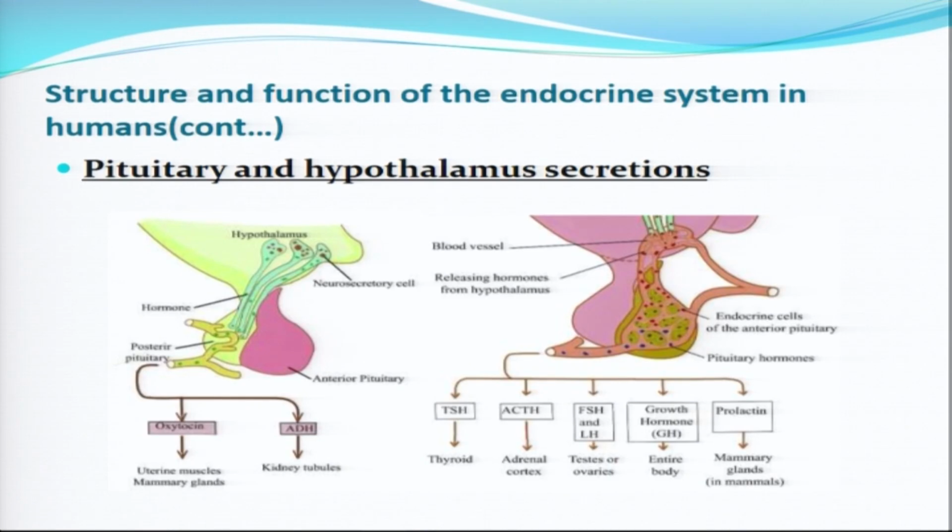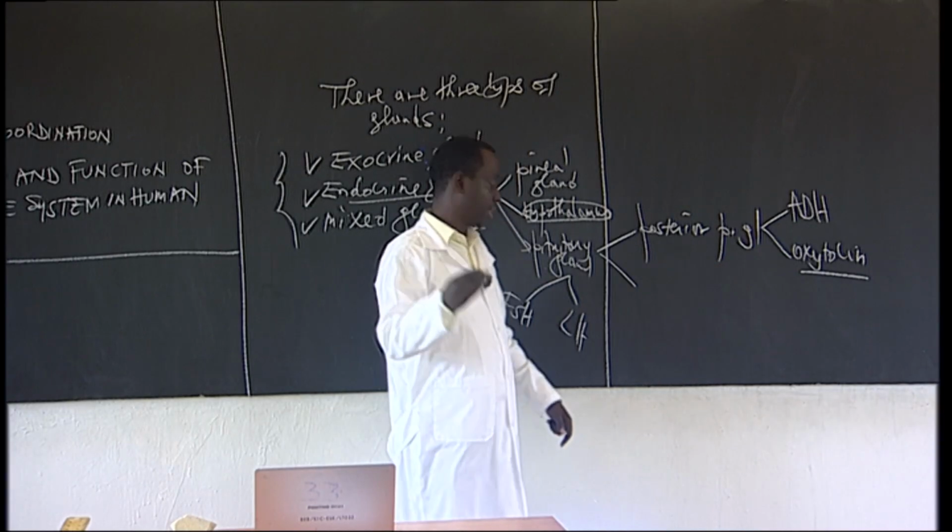So this pituitary gland has two parts. It has the posterior pituitary gland, and this secretes two hormones. It secretes ADH, antidiuretic hormone, and also oxytocin, which controls the contraction of the uterus during birth.